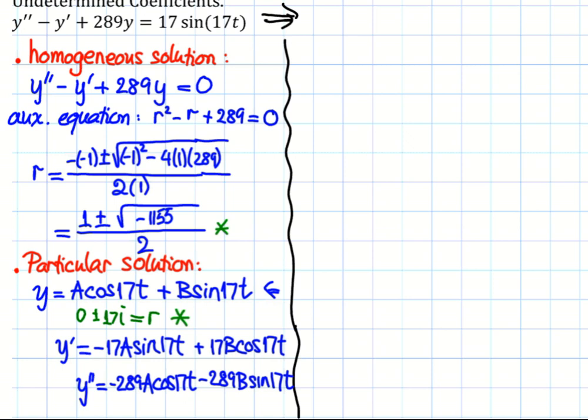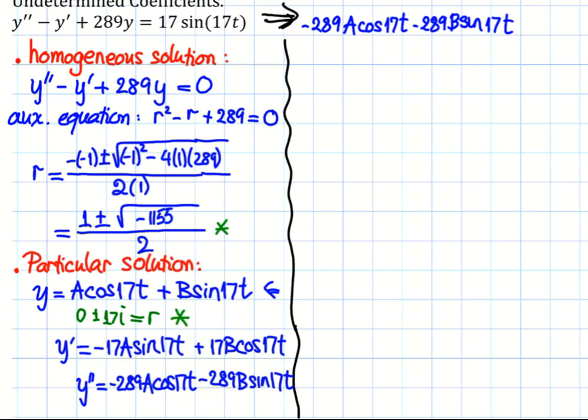First we have the second derivative, which is negative 289a cosine of 17t minus 289b sine of 17t, and that is the second derivative, and we don't need the parentheses for that.